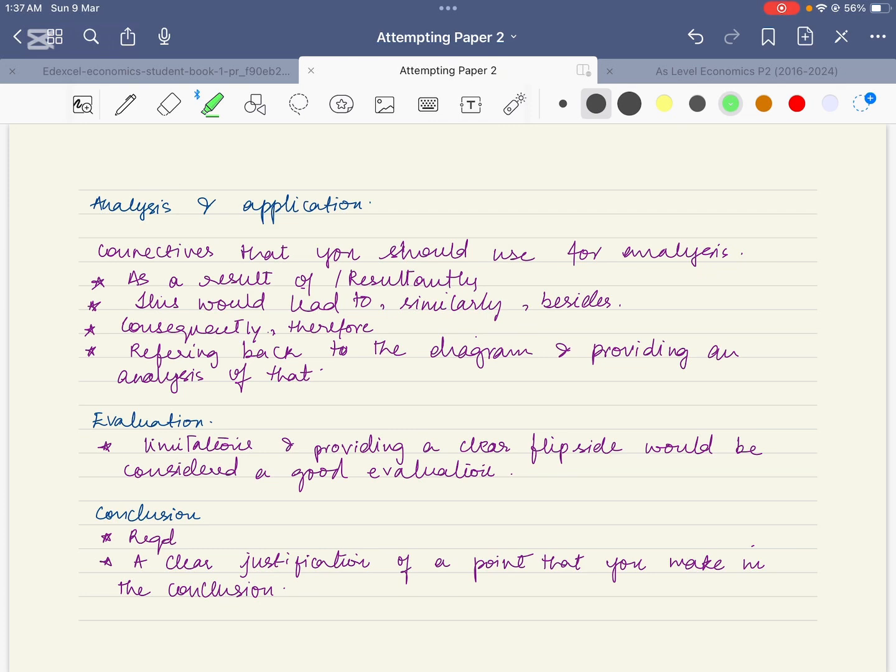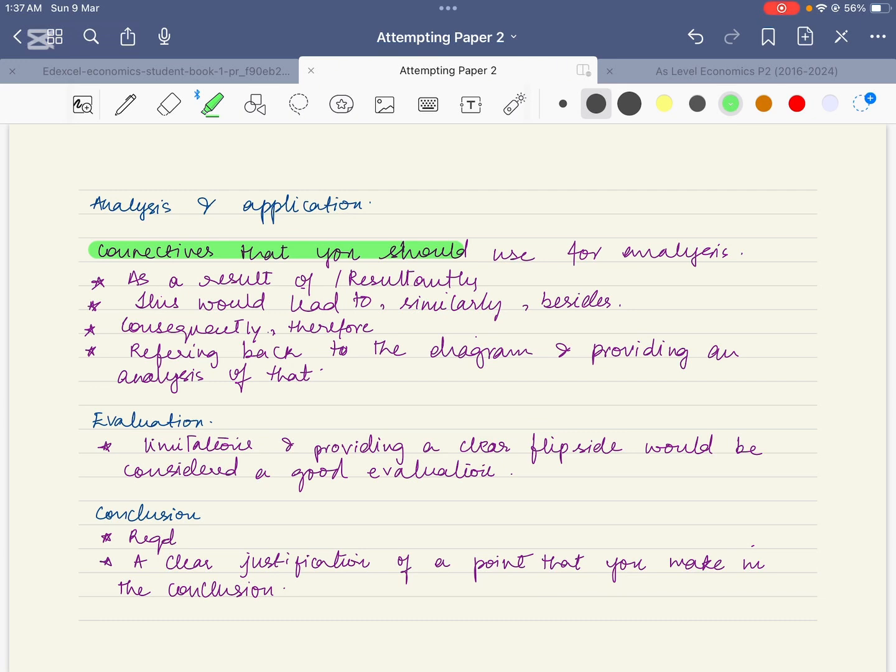While you are analyzing the situation, these are the connectives that you need to use. Why do we need to use the connectives? So that the entire write-up looks coherent. It shouldn't look like you have pulled one string from one balloon, another string from another balloon, and everything is scattered in isolation. So you have to write it in such a way that it all looks coherent.